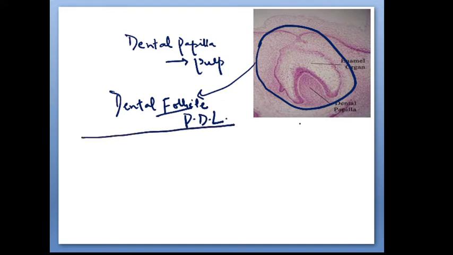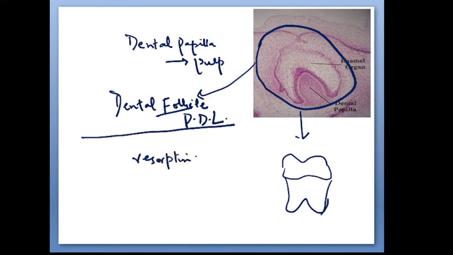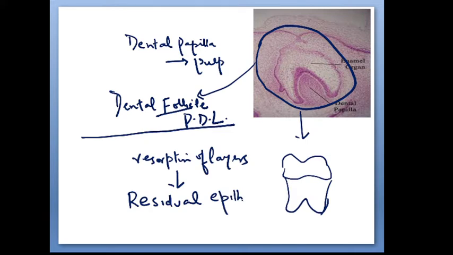After the formation of the tooth, there is resorption of layers and there is formation of residual enamel epithelium. Residual epithelial cell layer.